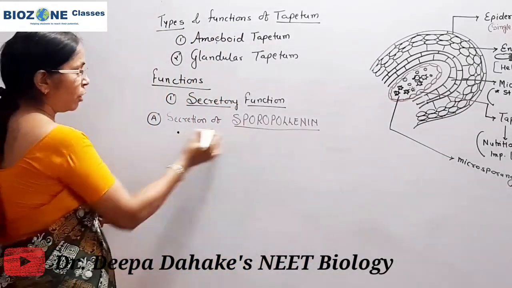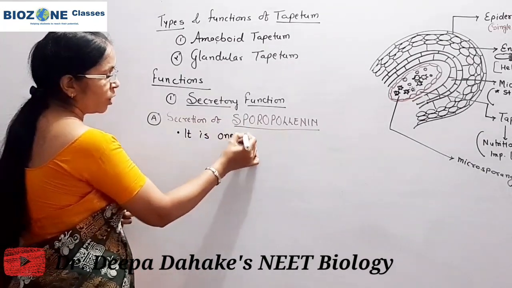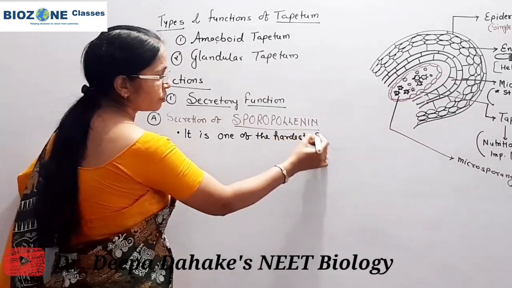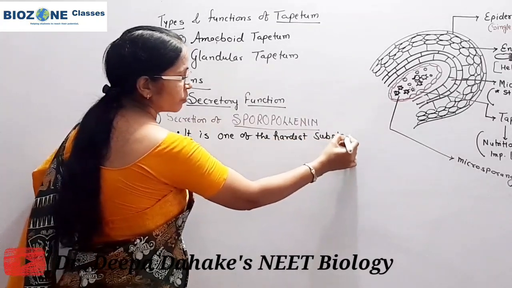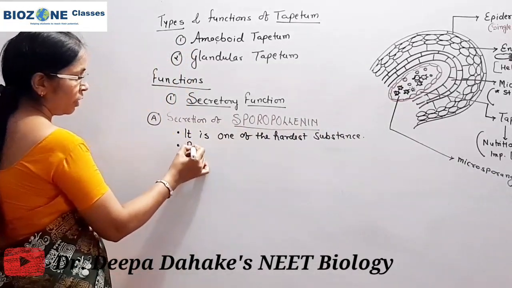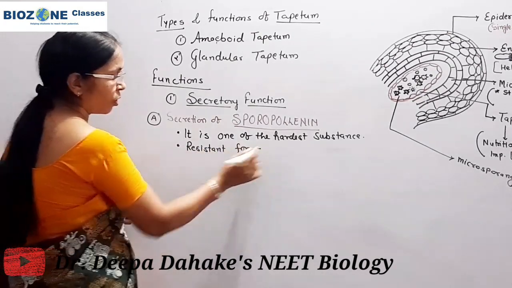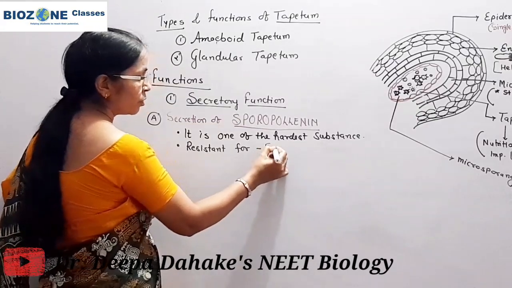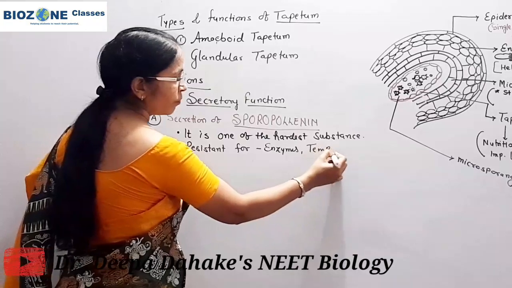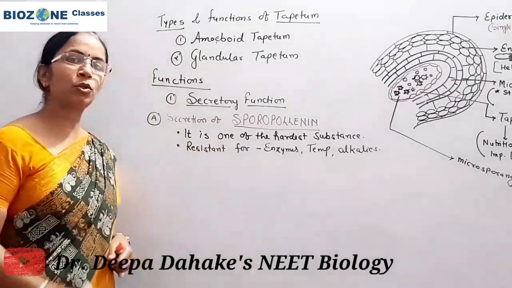Sporopollenin is one of the hardest substances, and secondly it is resistant towards enzymes, temperature, alkalis and different kinds of acid.